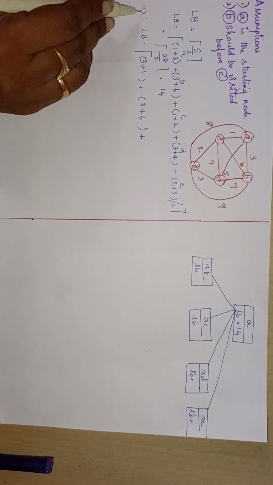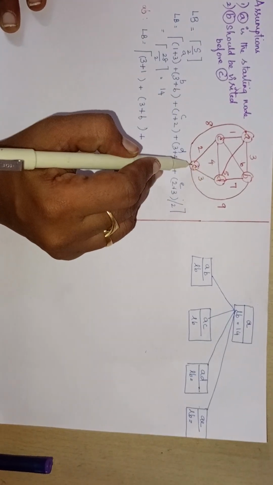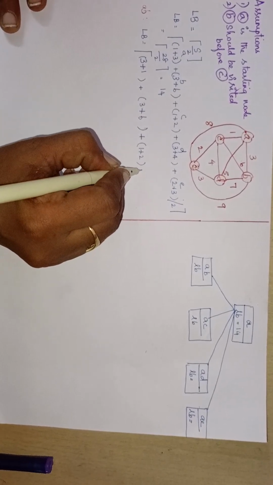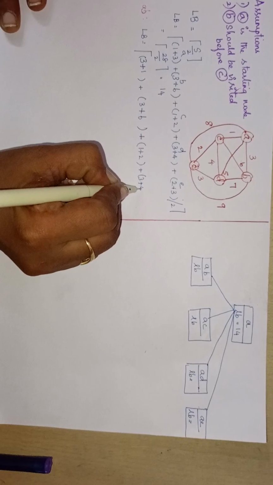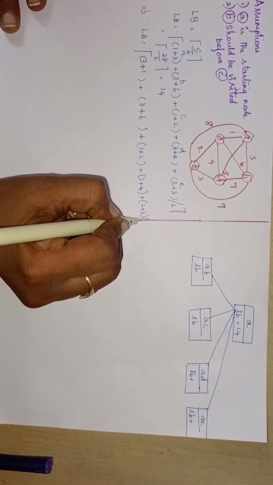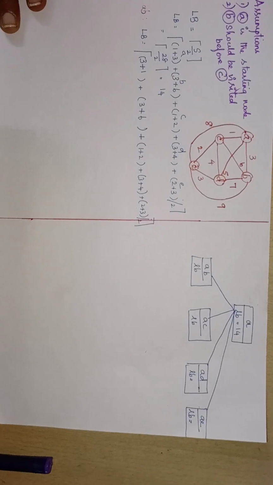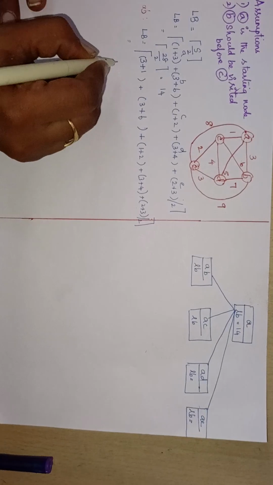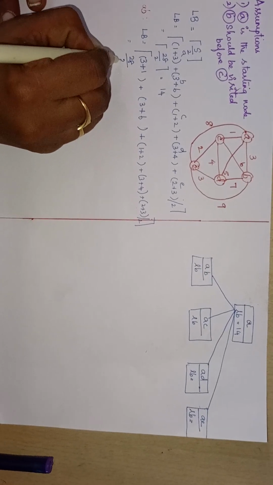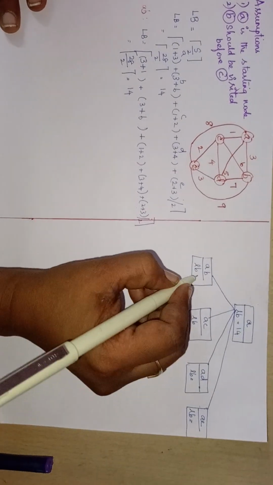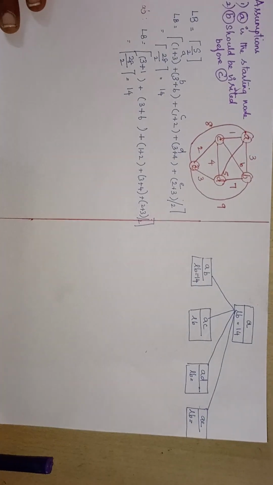This AB is no way connected with C, D and E. Therefore, we will have the same values as 1 plus 2, 3 plus 4 and 2 plus 3 for the other cities. So when you add all these, you will get 28 by 2, ceil of 28 by 2, which is nothing but 14. So here I will place 14.